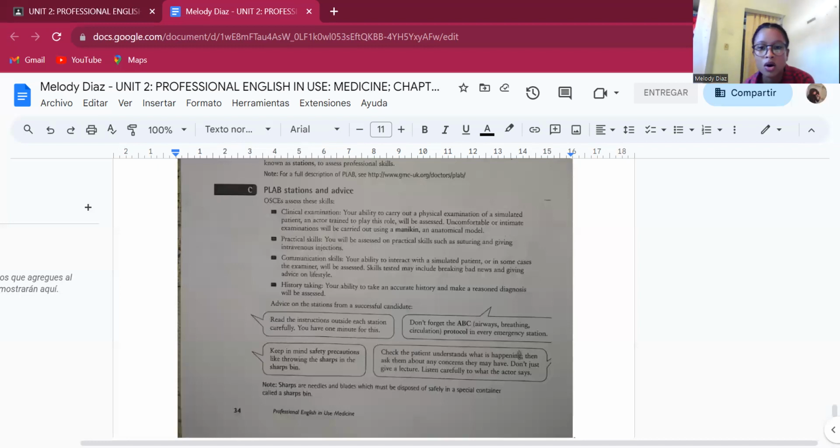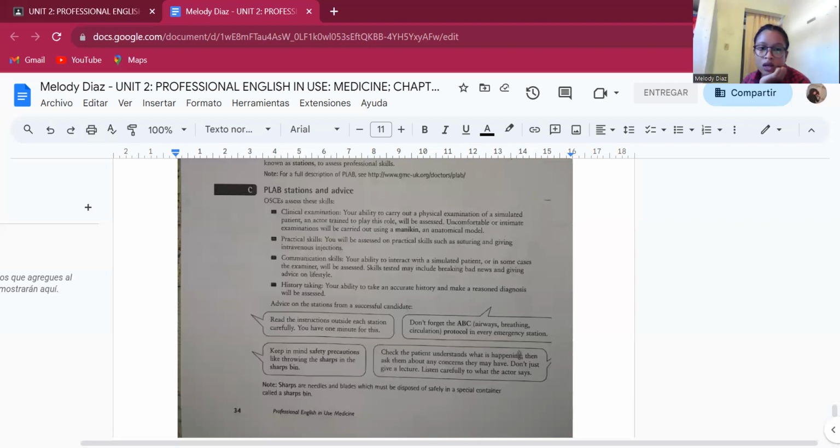Uncomfortable or intimate examinations will be carried out using a mannequin and anatomical model. Practical skills: you will be assessed on practical skills such as suturing and giving intravenous injections.